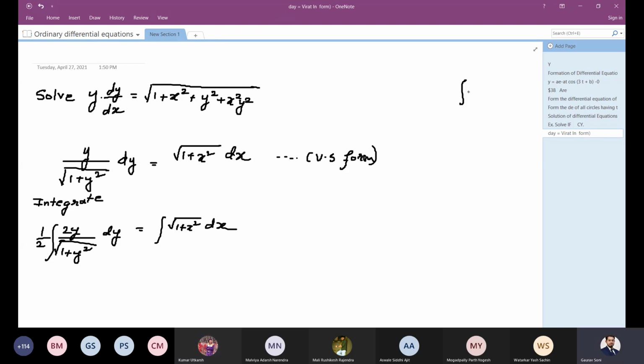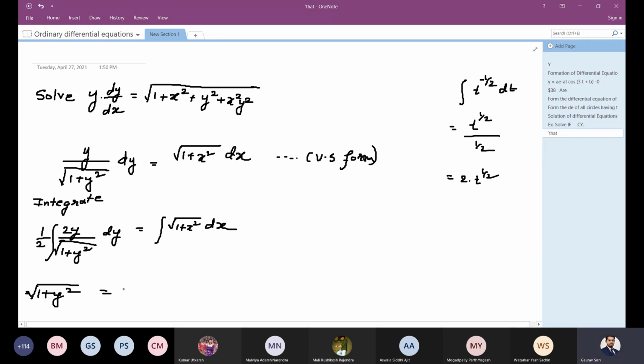So you just think of integration of t raised to minus 1 by 2 dt. That will be t raised to 1 by 2 upon 1 by 2, so 2 times t raised to 1 by 2. So the answer that you will get here is under root of 1 plus y square.